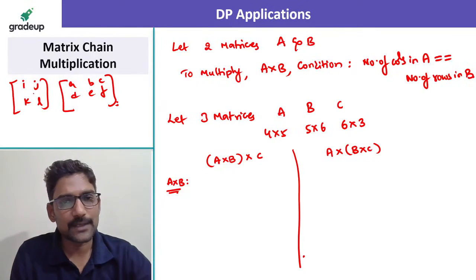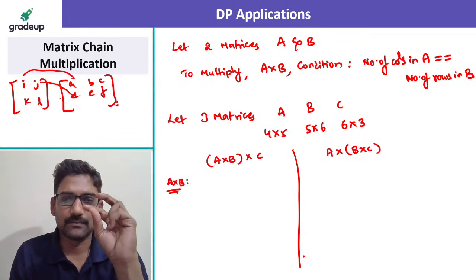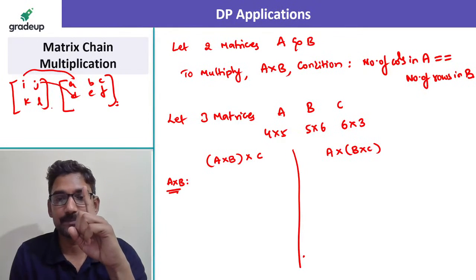Now how do we multiply? Actually, for one element, I into A, J into D. So how many multiplications? 2 multiplications for one element.